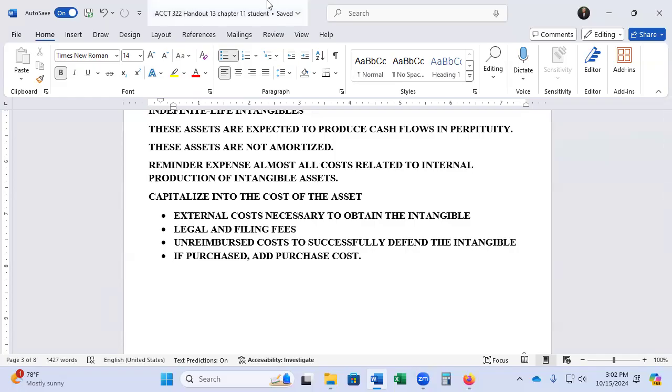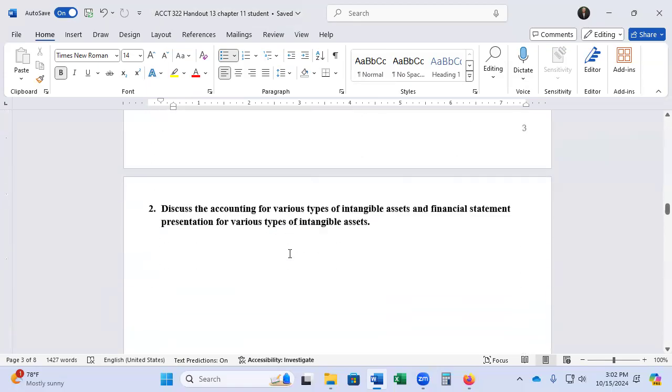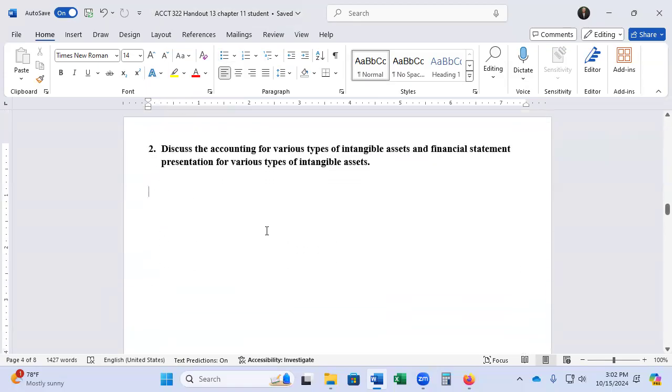All right. So now I'm going to move down to the second partially blank page, which says discuss the accounting for various types of intangible assets and financial presentation for various types of intangible assets.